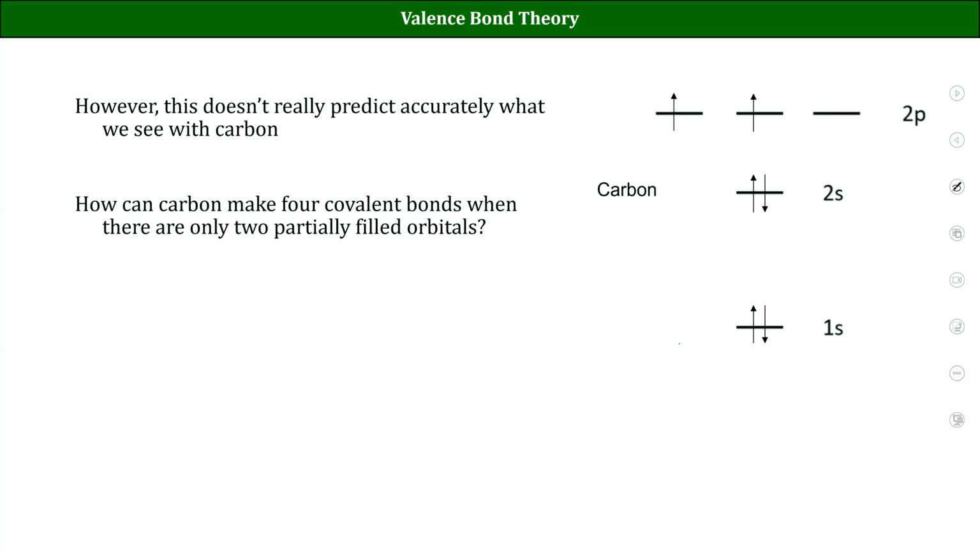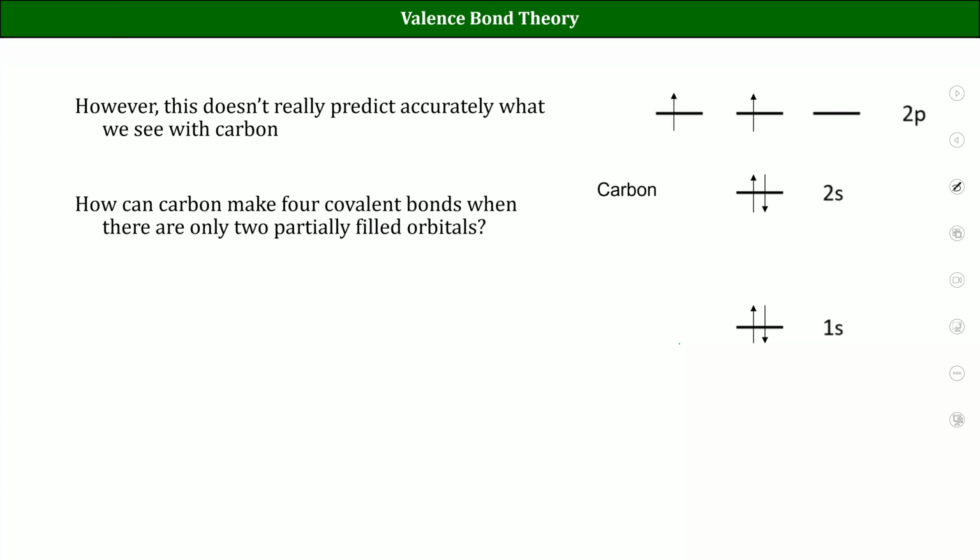But if you look at the atomic orbitals for carbon, it only has 2 half-filled orbitals. So regular valence bond theory would predict that we only would make 2 bonds with carbon, and we knew that wasn't true.